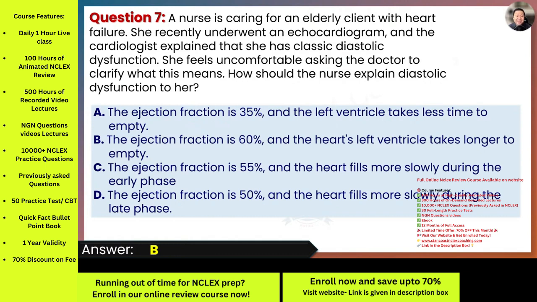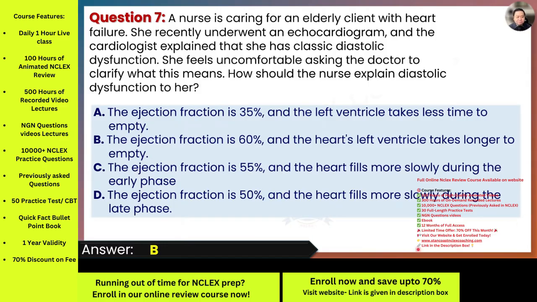Now, if it is reduced, I'm talking about the ejection fraction, it's probably systolic dysfunction. And in this case scenario, you have to look for the clues like heart fills more slowly. And you have to make sure the answer addresses both the ejection fraction and the issue with the filling phase of the heart.